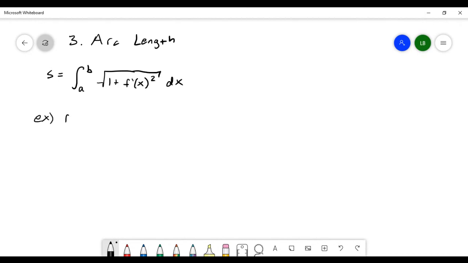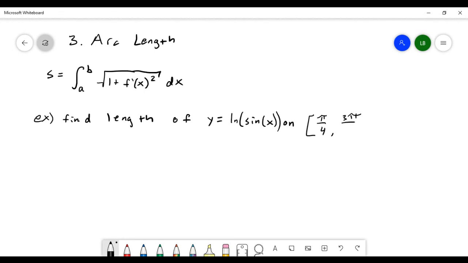Find the length of y equals natural log of sine of x on the interval from pi over 4 to 3 pi over 4. First off, we need to find the derivative.